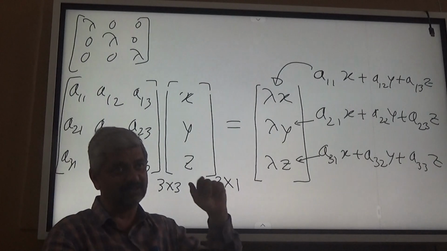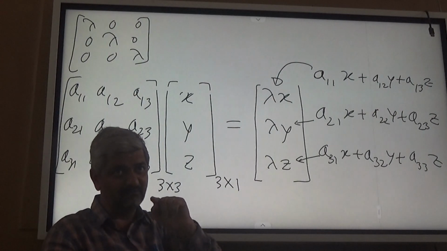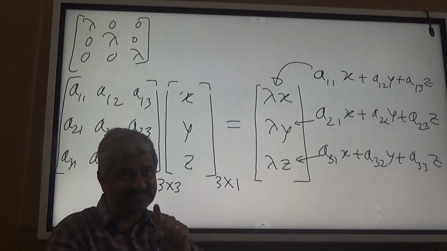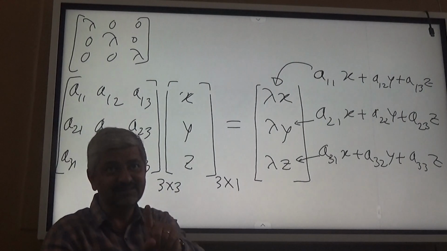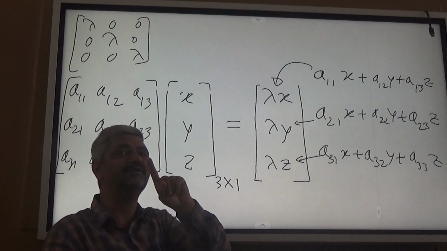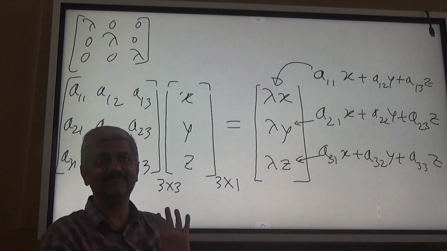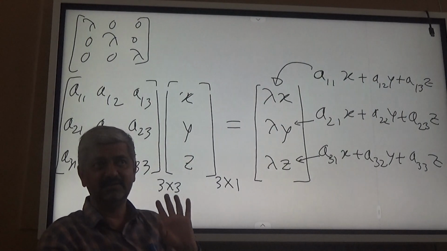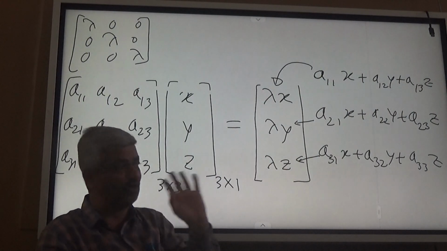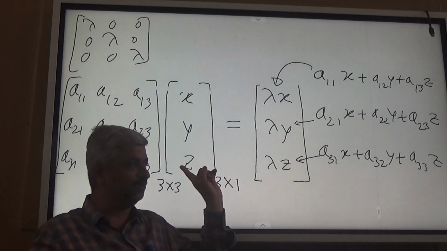But the question is whether it exists even when non-diagonal elements are non-zero. Even when non-diagonal elements are non-zero. So this is for 3 by 3.